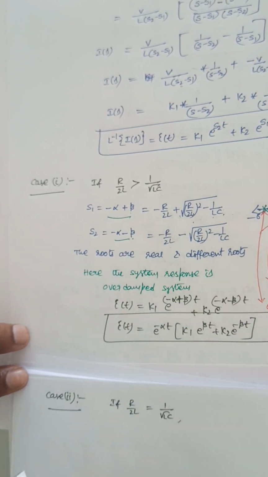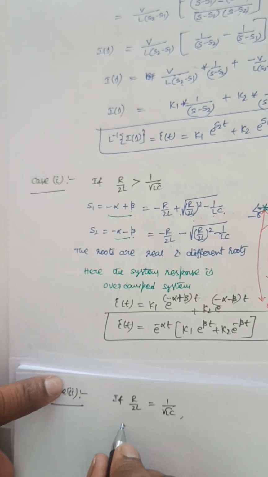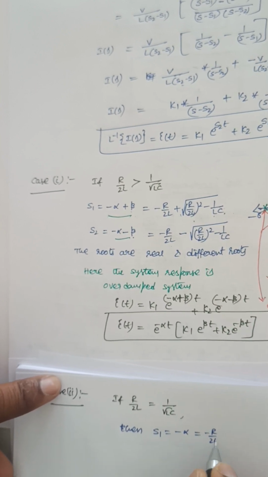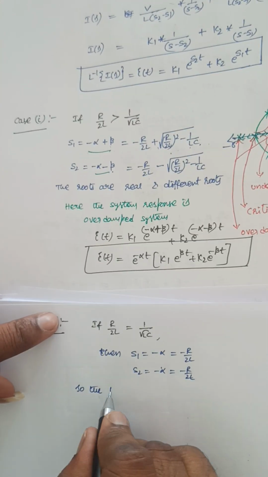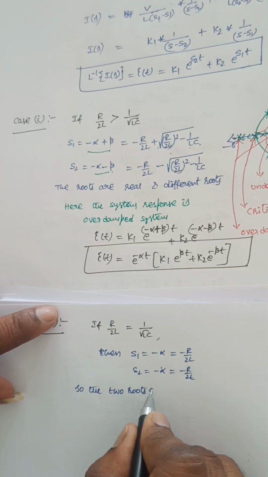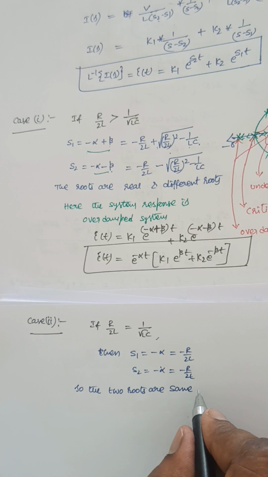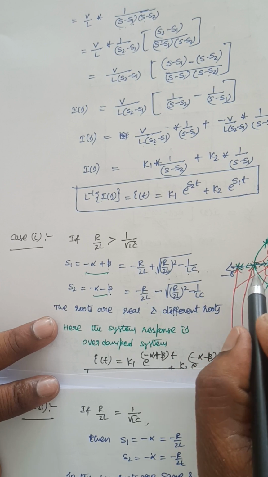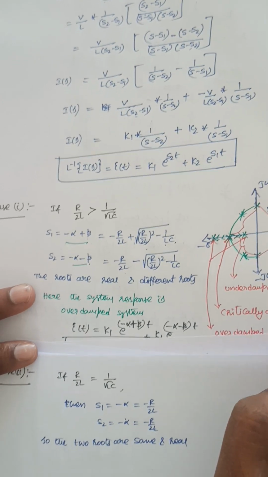So the two roots are the same: s1 is equal to minus alpha, that is minus r by 2l, and s2 is equal to minus alpha, that is minus r by 2l. The two roots are real and the same. That means they are on the negative real axis. One root is present here, and another root is also present here. So the system response is a critically damped system.